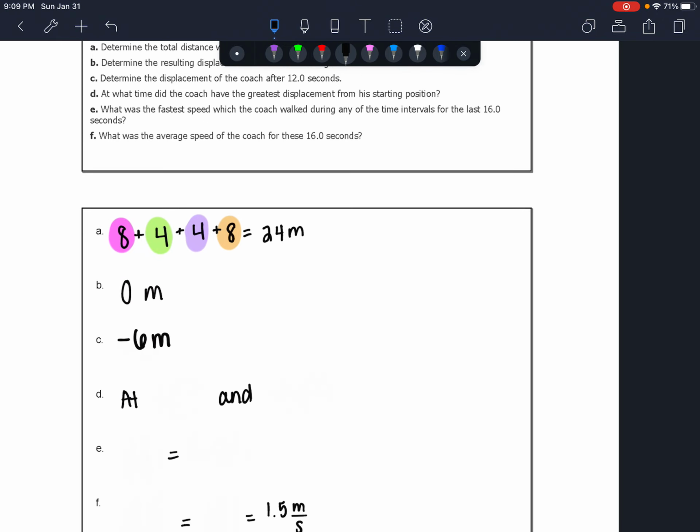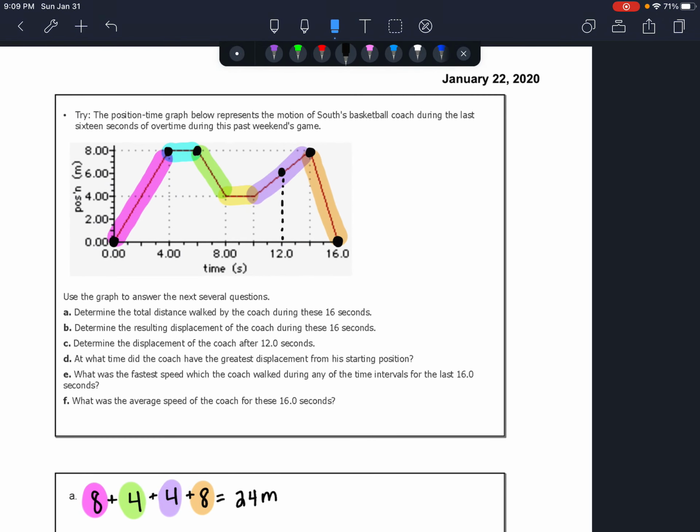So at 4 seconds, he displaced himself the most. At 6 seconds, he didn't actually get displaced any further. He actually stayed the same. So from 4 to 6 seconds, his displacement was 0.